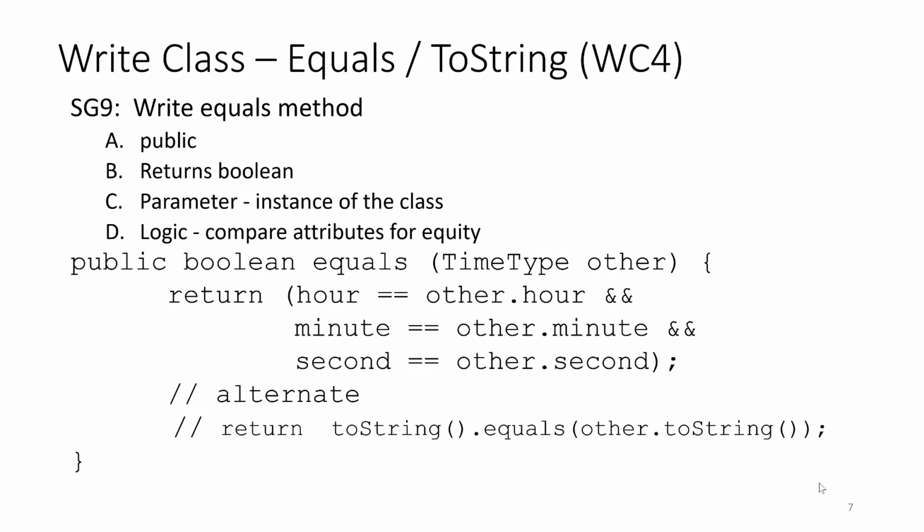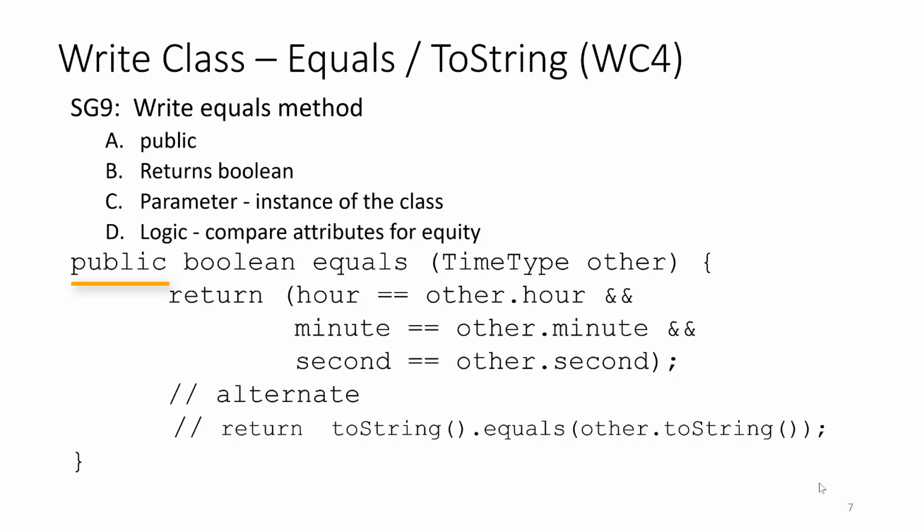It may be looking at all of the attributes. It may look at some subset of the attributes. For a time type, we only want two times to be equal if their hour, their minute, and their second attributes are all equal. So here's the logic for our equals method in the TimeType class.